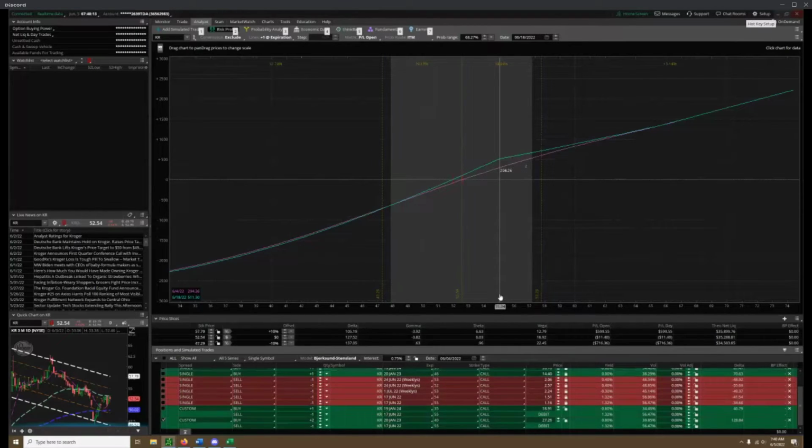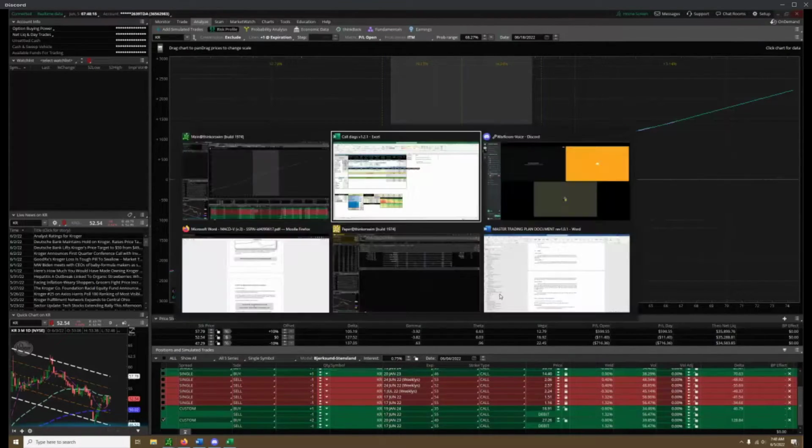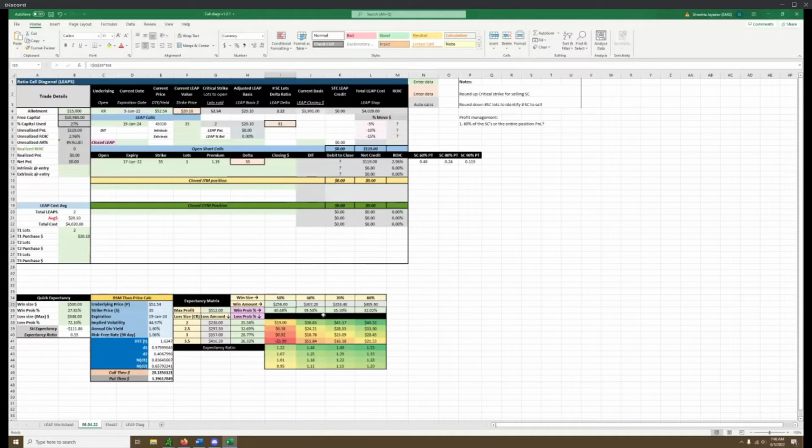So I'm basing off of that. So 50% of that would be somewhere close to 250. Okay, that makes a lot of sense now. If you just do the LEAPS, you'll completely ignore this part, which has a significant impact on your overall P&L too.